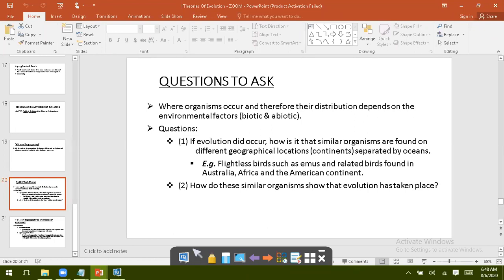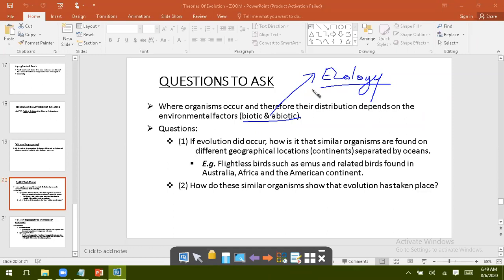That we already looked at from our study on biotic and abiotic factors in ecology. And so we learned that abiotic and biotic factors affect the distribution of organisms. All right. So now biogeography comes in to try to explain evolution.